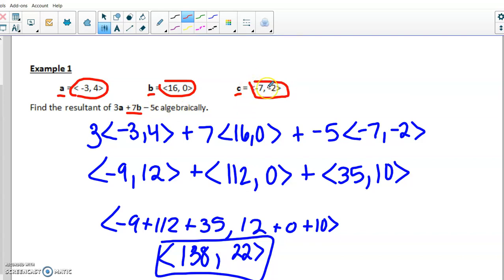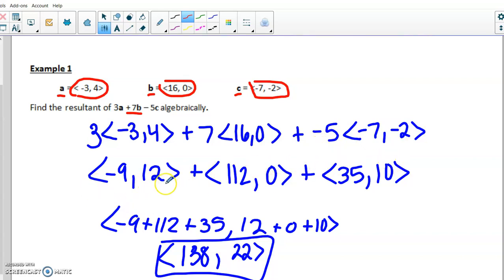Instead of doing plus, we could have done minus like we have it here, or I could have just done plus and changed everything to positive instead. Think distributive property, multiply everything in. So you're doing 3 times -3, 3 times 4, 7 times 16, 7 times 0, -5 times -7, -5 times -2.